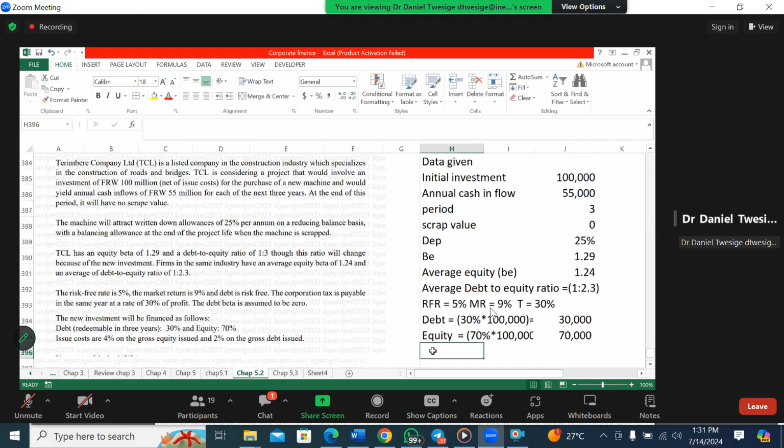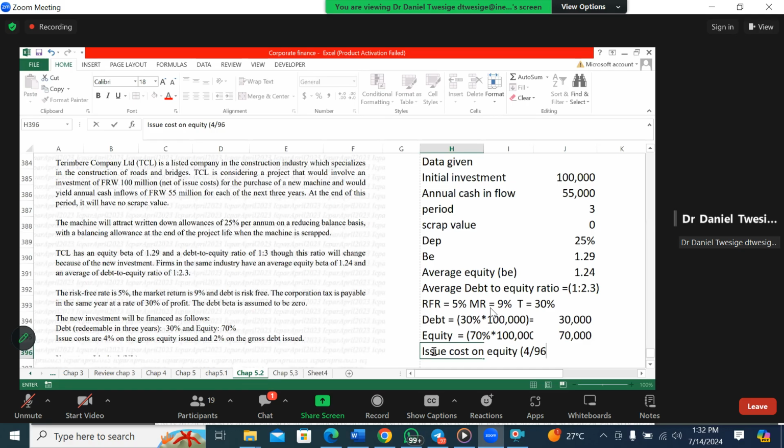So that is it. Then each cost at 4% on gross equity and 2% on the gross debt. Remember, these figures are net. So what is the each cost on equity? Each cost on equity will be 4/96, isn't it?